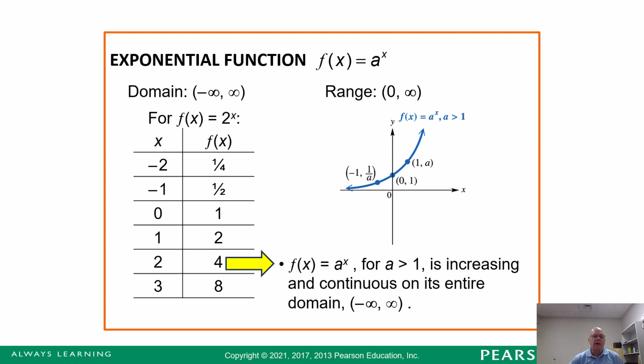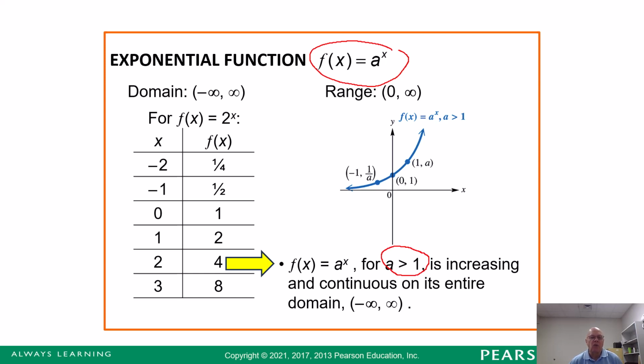Now, I've got several slides here that talk about individual parts of that. Now remember, in this first one, we're talking about f(x) = a to the x, and in particular, bases that are greater than 1.